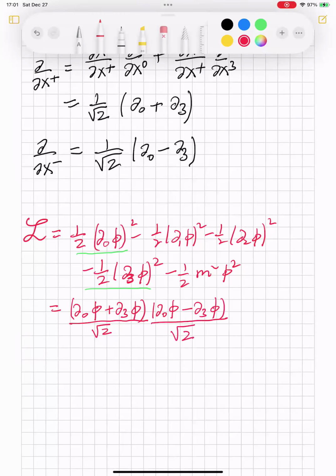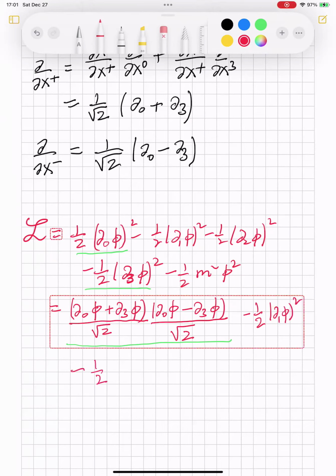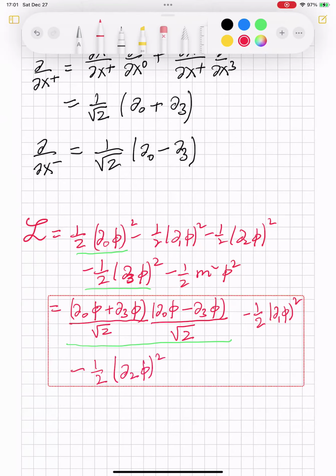So the green terms above are equivalent to this green term below. So if you multiply those two out, it's the difference between two squares. Then we'll take minus 1/2 d1 phi squared minus 1/2 d2 phi squared minus 1/2 m squared phi squared.